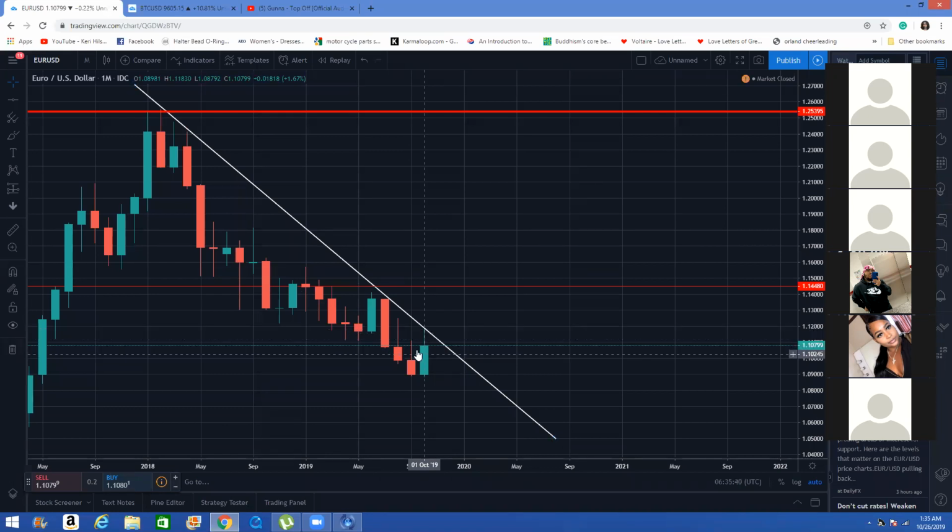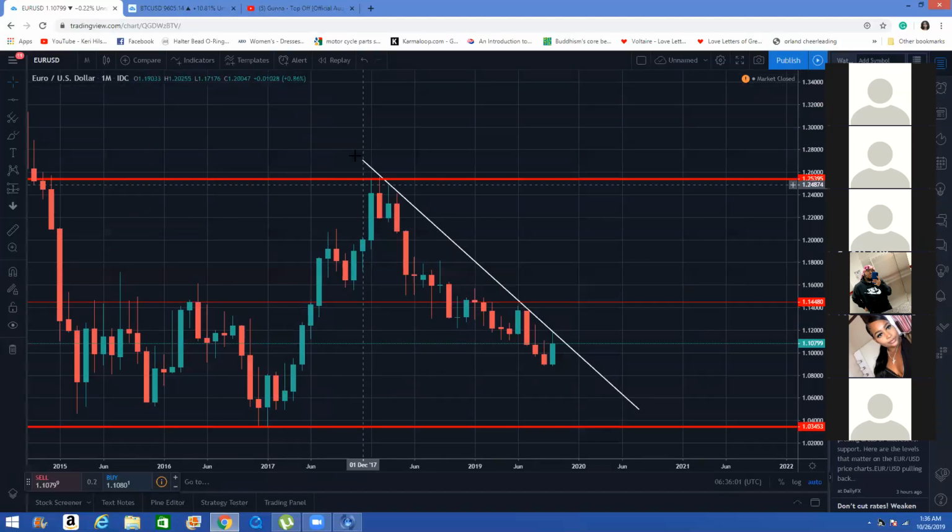Wicks are almost more important. I would say they're more important than the body sometimes, right? Because it's showing you that price tried to get to this point, but it just rejected off of it. It's rejecting perfectly off this trend line. Perfectly.